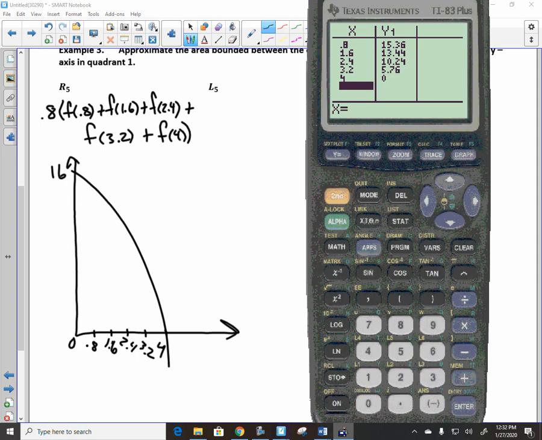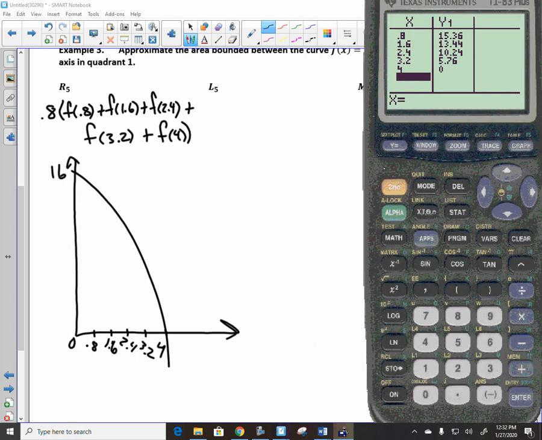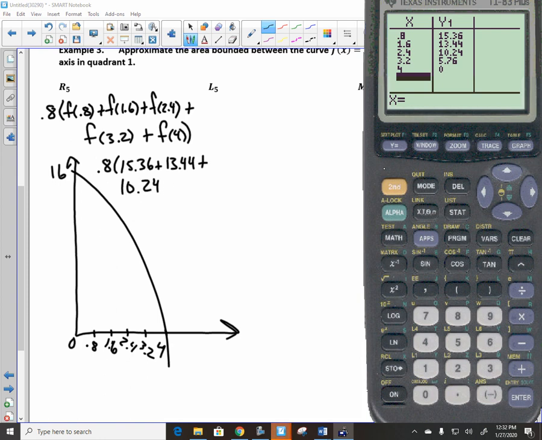And after I add them up, I multiply by what? 0.8. So I have 0.8 times 15.36 plus 13.44 plus 10.24 plus 5.76 plus 0.